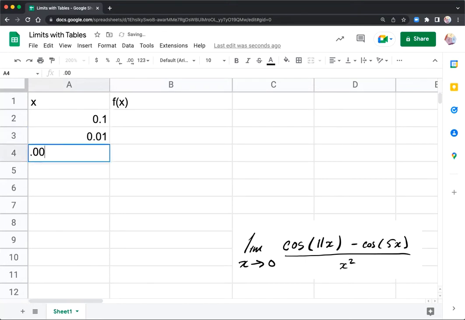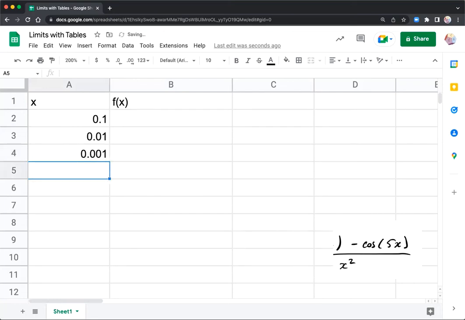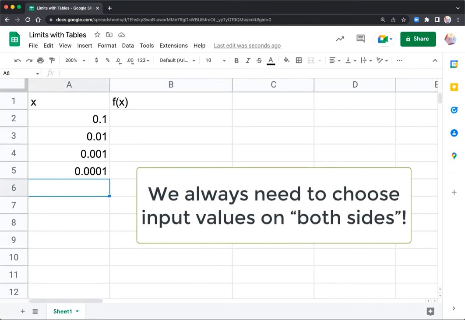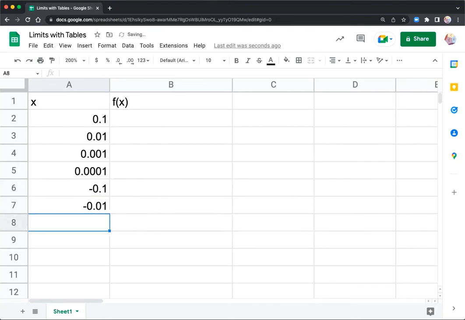Right below that, 0.001, that's one thousandth. I'll go one more, 0.0001, one ten-thousandth. Like we mentioned in the lecture video and in the Desmos video, these numbers are all close to 0, bigger than 0. I also need numbers close to 0 that are less than it, so I'm going to choose the opposites of those four numbers.